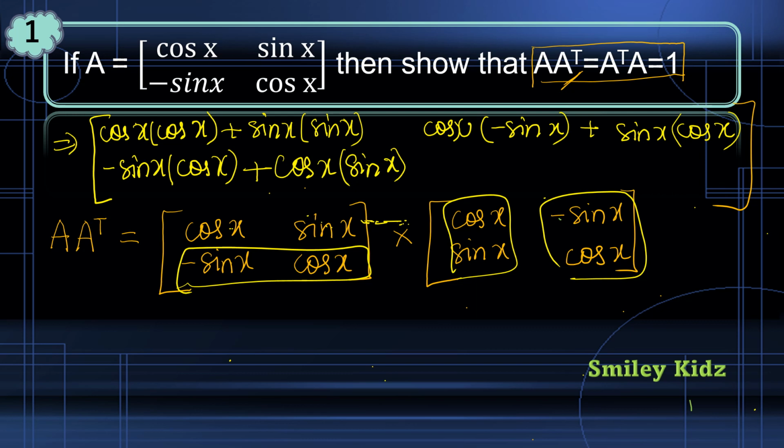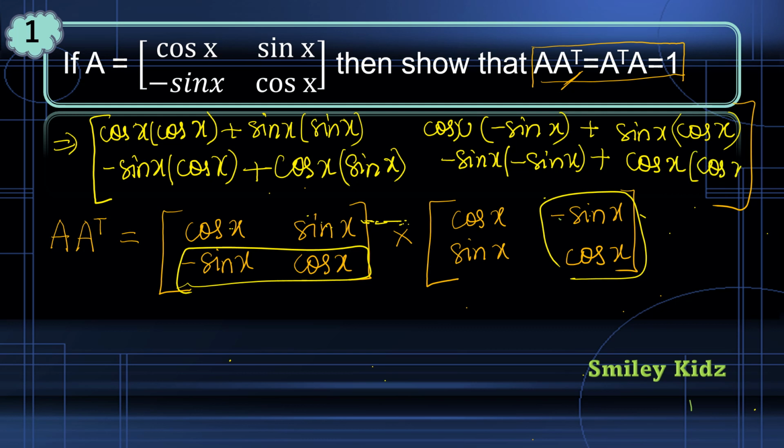Then this will be my third element. Then the fourth element will be second row and second column. That is gonna be minus sin x into minus sin x plus cos x into cos x.